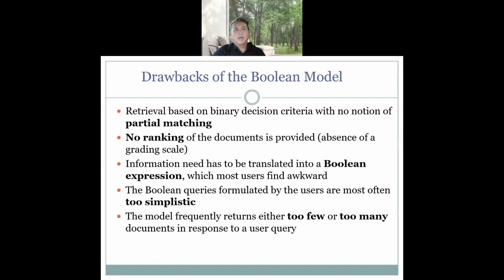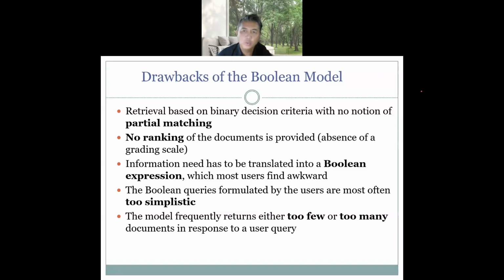The retrieval is based on binary decision criteria with no notion of partial matching, meaning that you cannot do ranking. So the Boolean model only retrieves documents that are considered equivalent to the query. So you cannot perform ranking.